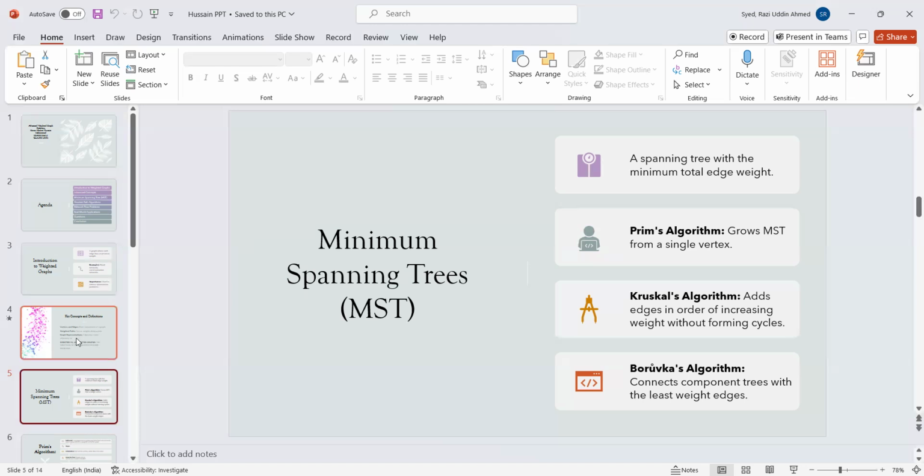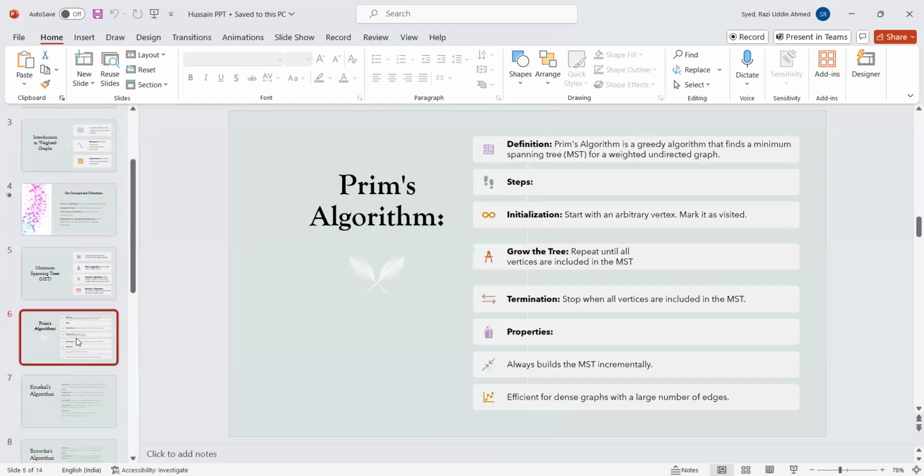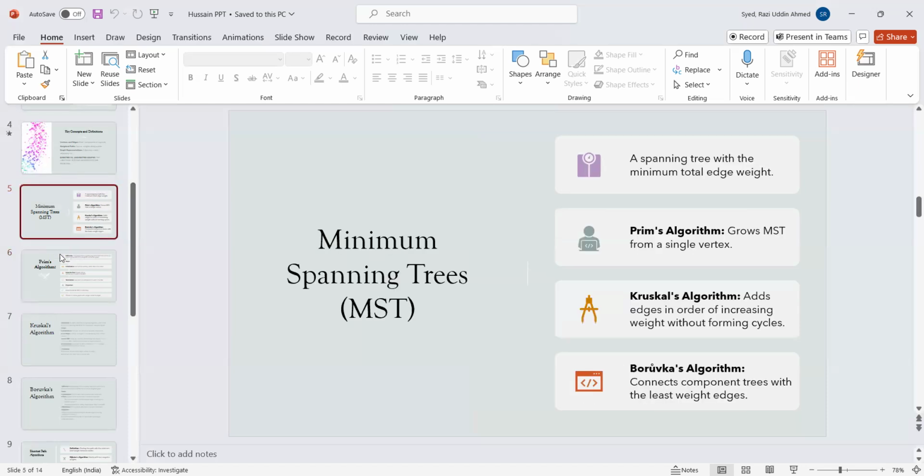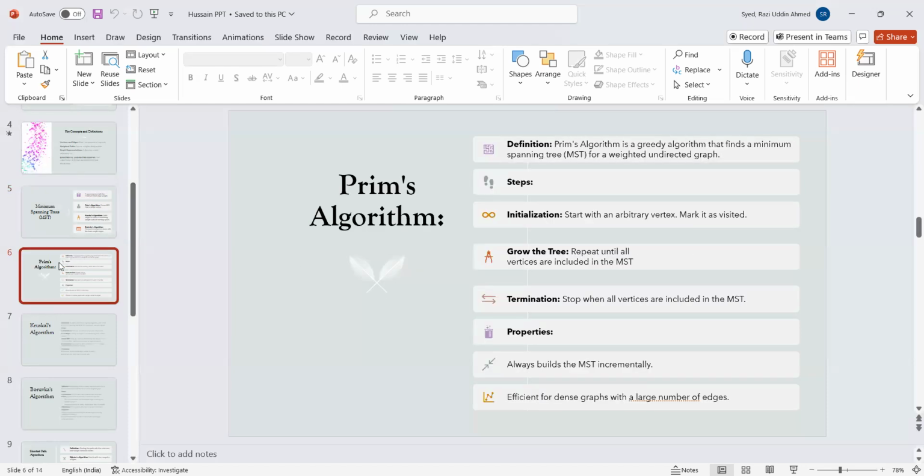We'll go to the next slide now. Definition of shortest path algorithms. These algorithms find the path with minimum total weight from a source vertex to a destination vertex in a weighted graph.